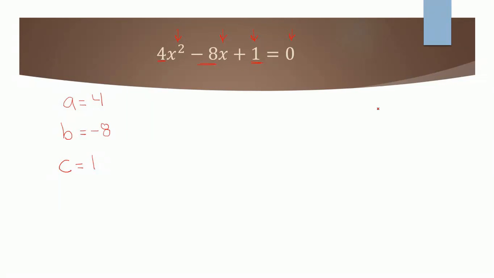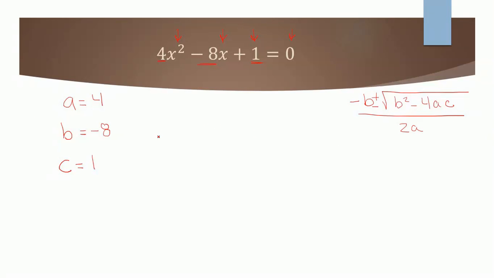So then I get to plug that into my quadratic formula, which is negative b plus or minus the square root of b squared minus 4ac all over 2a.